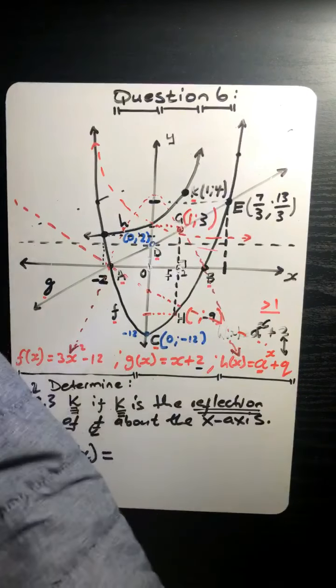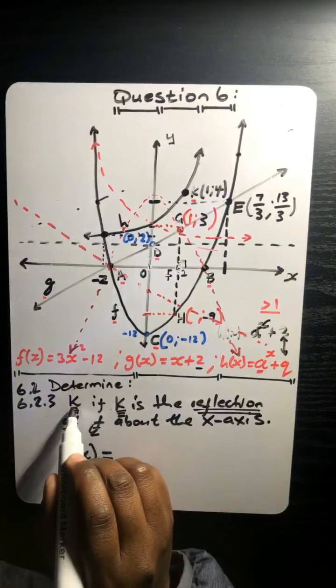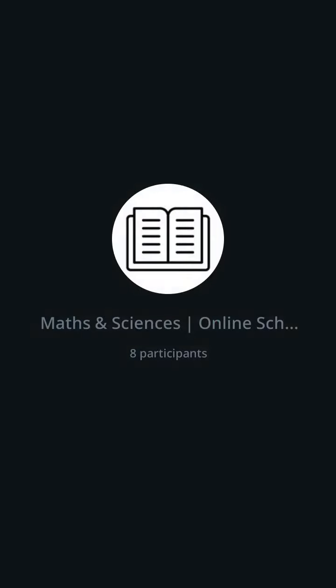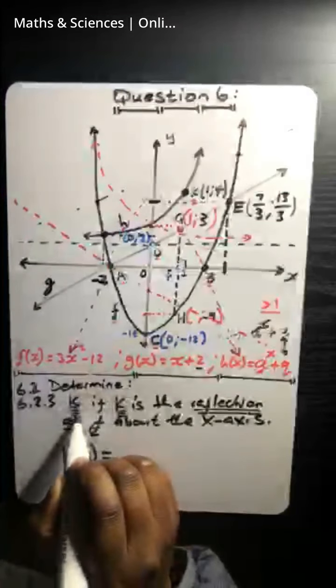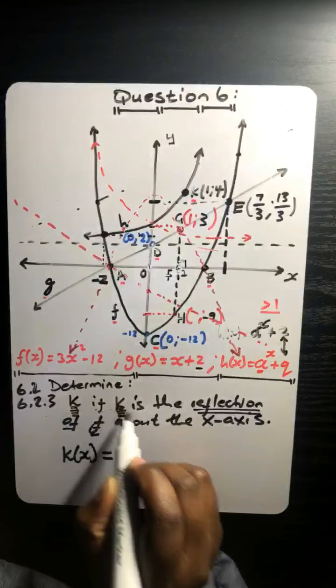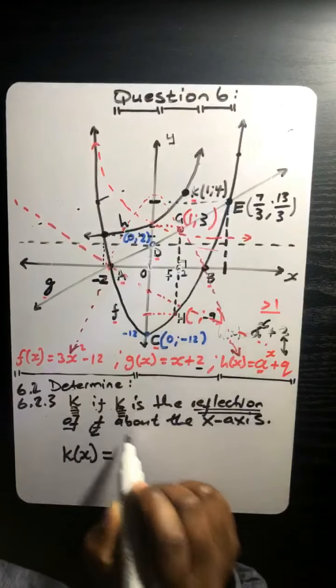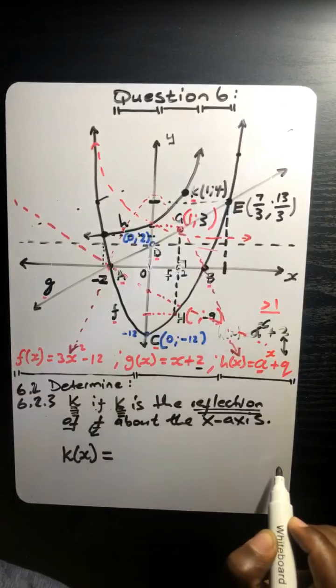So let's see. Determine K if K is the reflection of F about the x-axis.